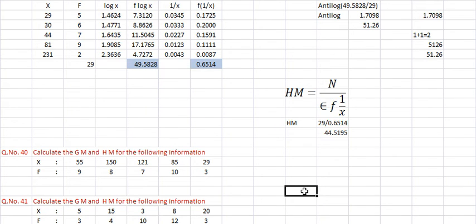Remember, when you are finding the log x for this number, I will give an example. 5 is there, then frequency is 3.